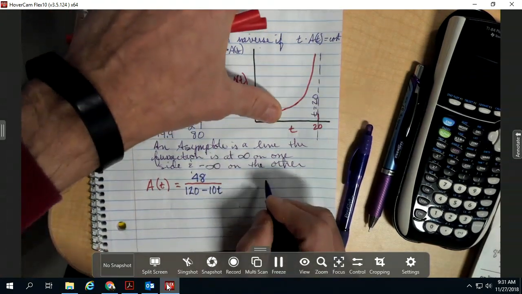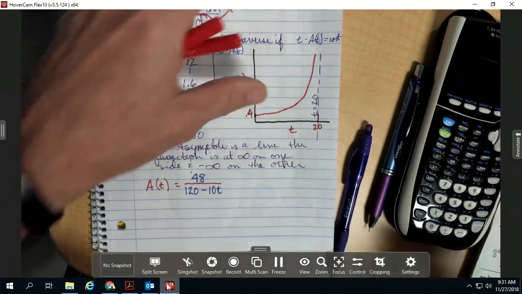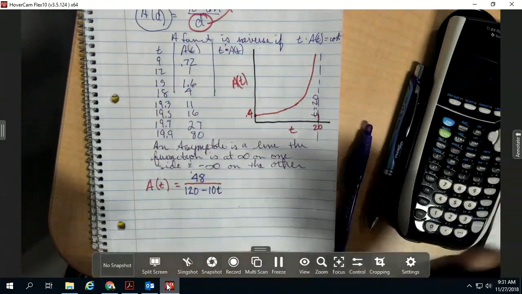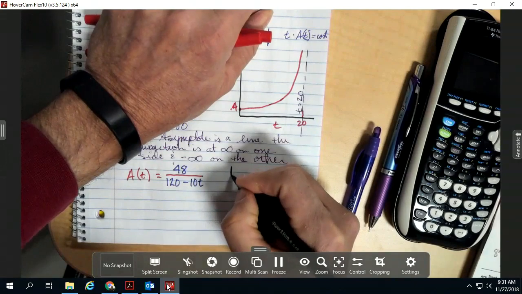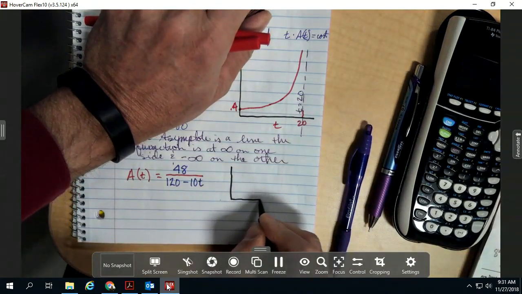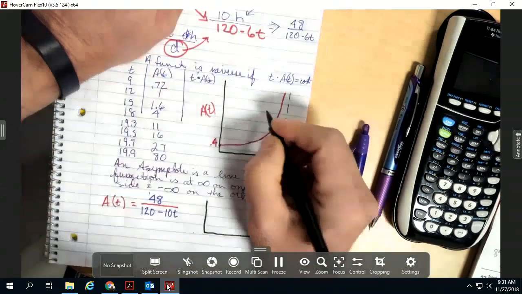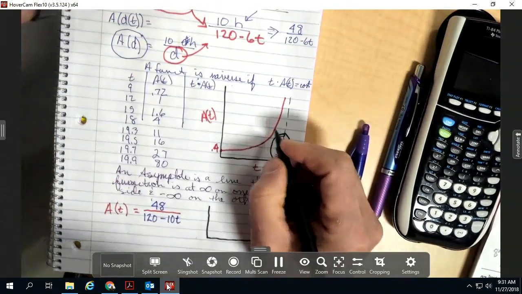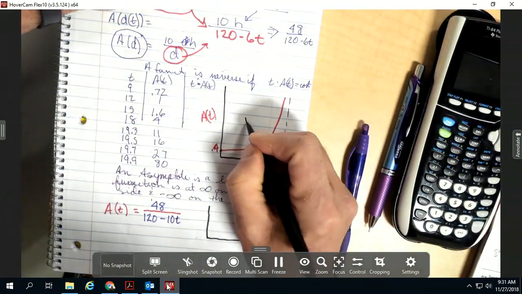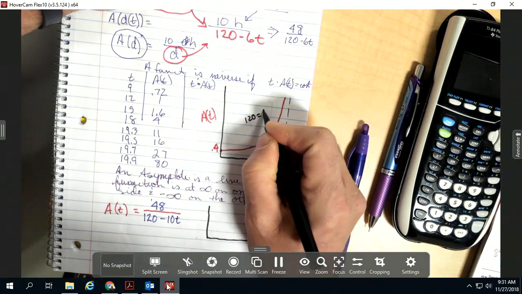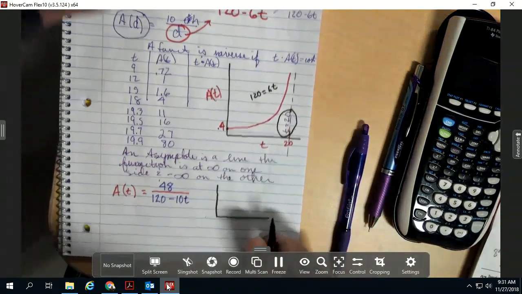So now, where does the asymptote show up? Well, we found the last asymptote right here by saying the denominator is 0, or 120 equals 6t.